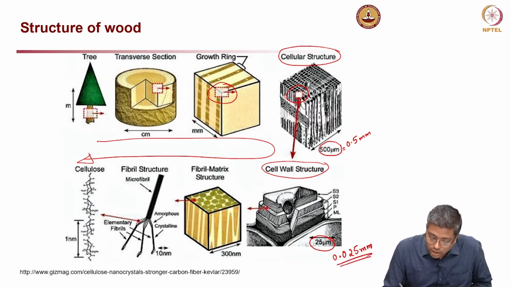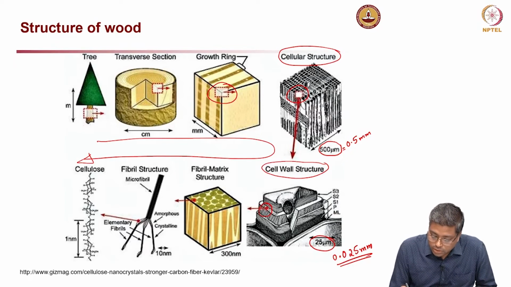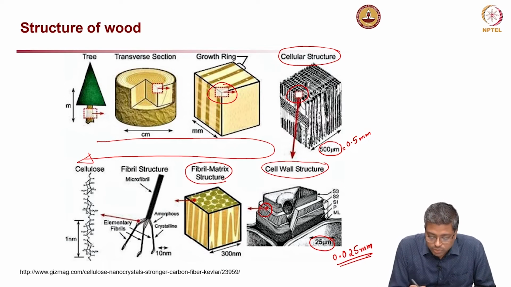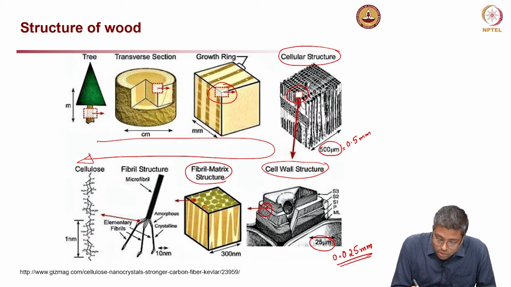Then looking at one of the cell wall elements. This is how the cell wall element looks like, fibril matrix, how the fibrils look like, and all these green circles here are individual fibrils.